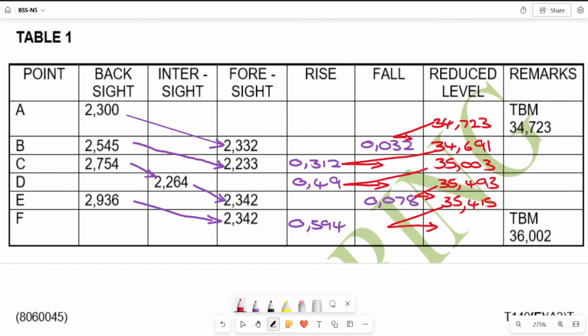If it's a rise, we will add, and what are we going to get? Okay, just give me a minute. So if it is a rise, we have to add that, and we're gonna have 35.415, right? Plus, what do we have there?